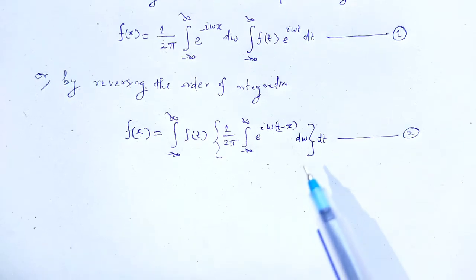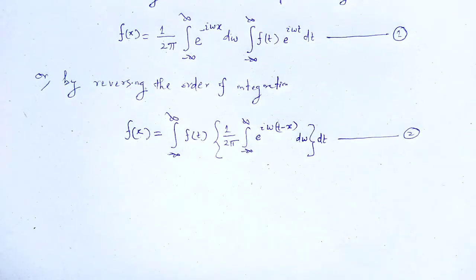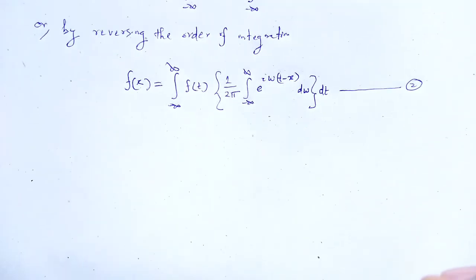Now, from the property of Dirac delta function, we use a formula.